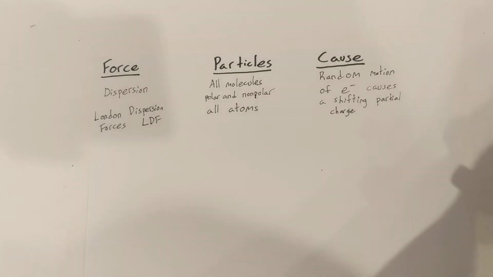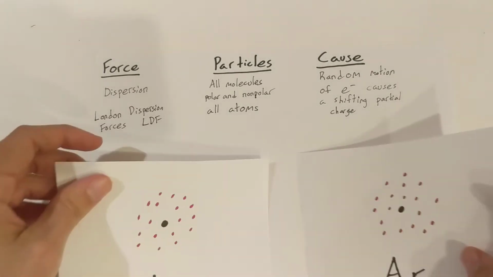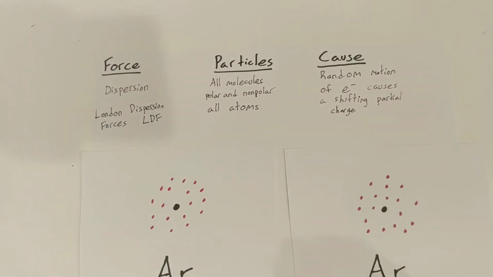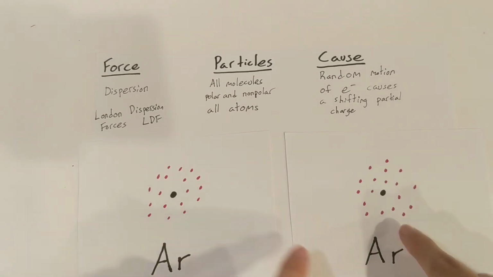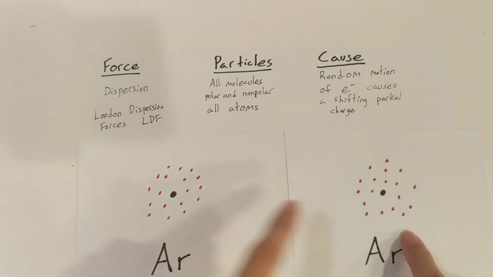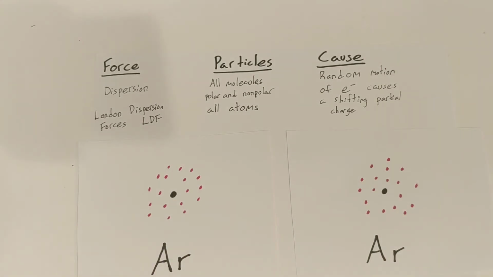So one last thing I want to talk about dispersion forces before moving on. We might have an atom like argon. Same thing. Argon is a noble gas, doesn't want to form bonds, just like neon. Except argon, instead of having just 10 electrons, has 18 electrons.